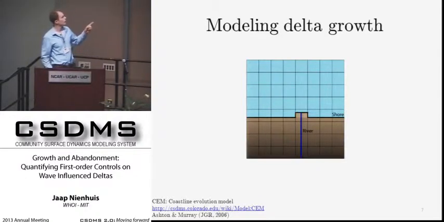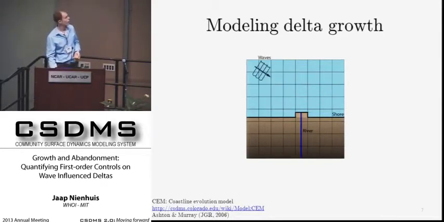A cell that is filled is a land cell, if it's empty it's a sea cell, and if it's somewhere in between, it's part of the shoreline or the coastline. Our delta basically fills a predefined cell with some sediment at a particular rate, so that's our river flux. We define waves with a certain wave approach angle, and with that we can compute the angle the waves make with respect to the shoreline.